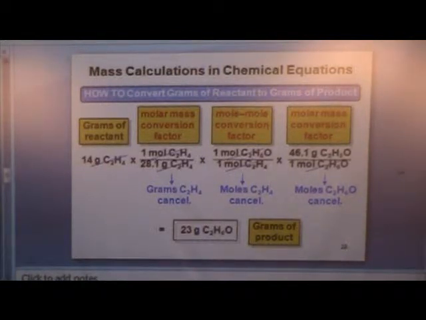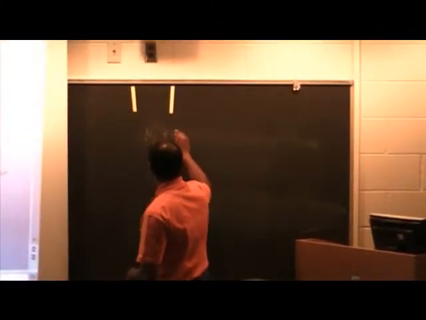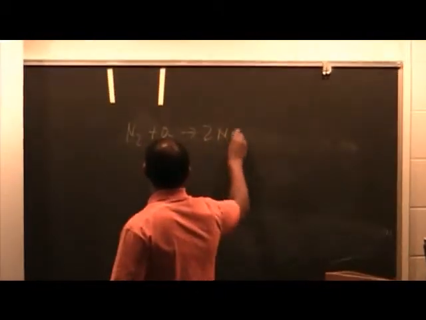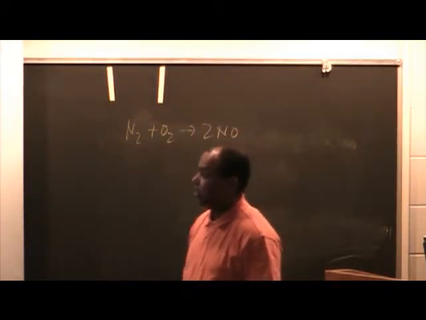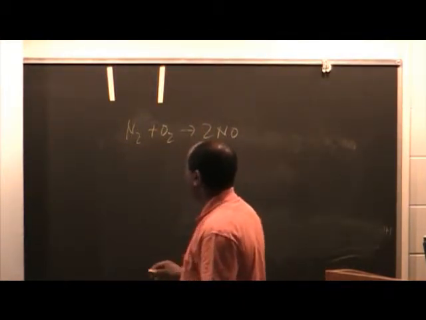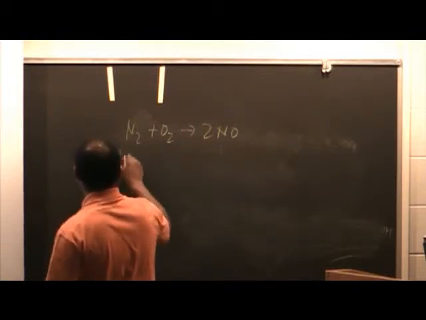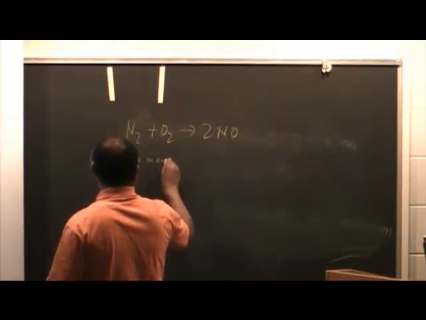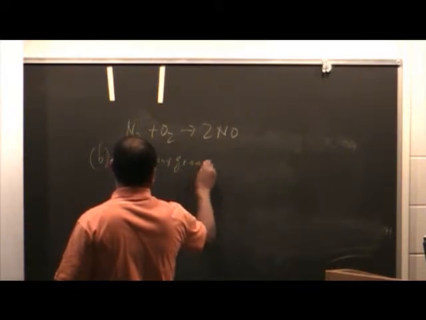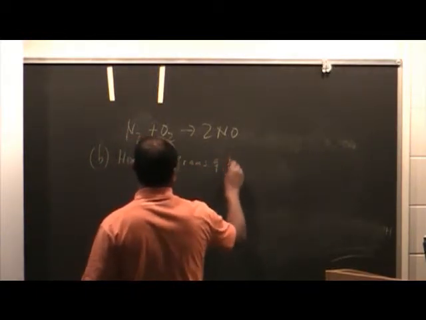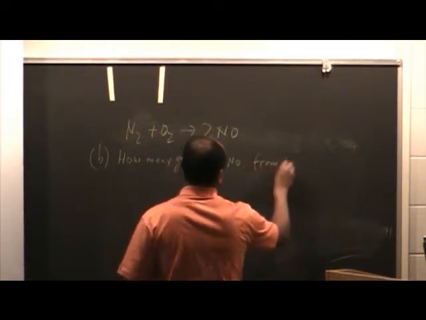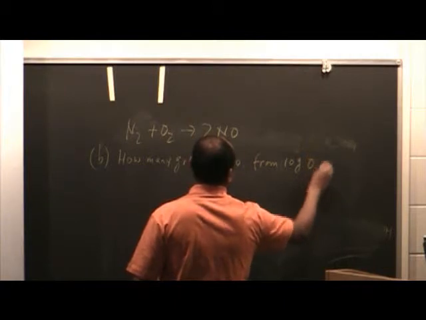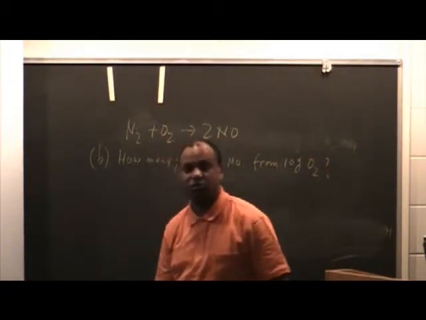Again, we're going to use the same equation: N2 reacts with oxygen to give 2NO, nitrogen monoxide. What was the question? How many grams of NO do we get from 10 grams of oxygen?